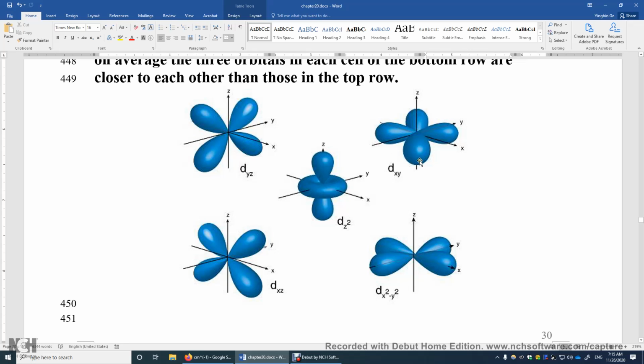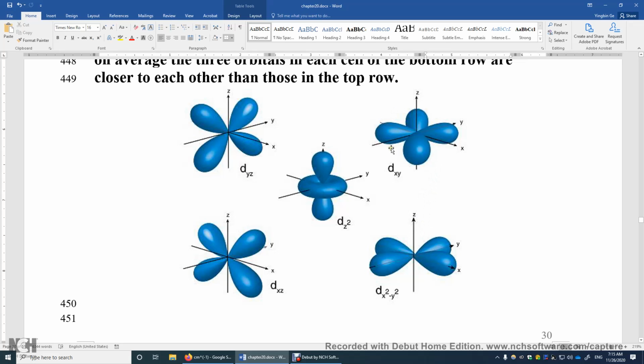I know there's a 45 degree angle between dxy and dx squared minus y squared because over here the nodal surface corresponds to x equals 0, y equals 0. Over here, it's x equals y, or x equals negative y. So there's a 45 degree angle, but these two orbitals are on the same plane.